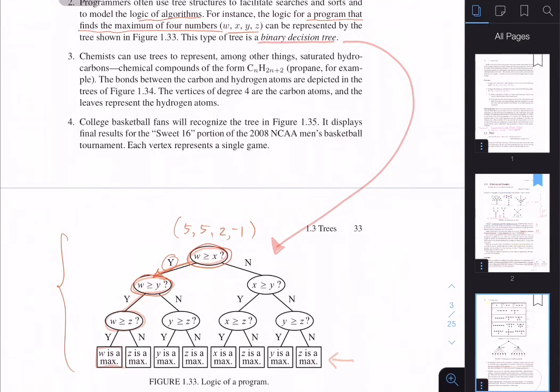Now you compare the first and third entry, and here 5 is bigger than 2, so you say yes, and then you compare the first entry and the last entry, and in this case W is bigger, so we end up at this leaf. We see that all of the leaves correspond to all of the possible outcomes for any tuple of 4 numbers W, X, Y, and Z.